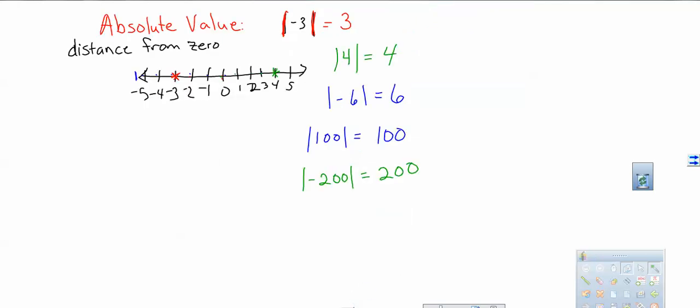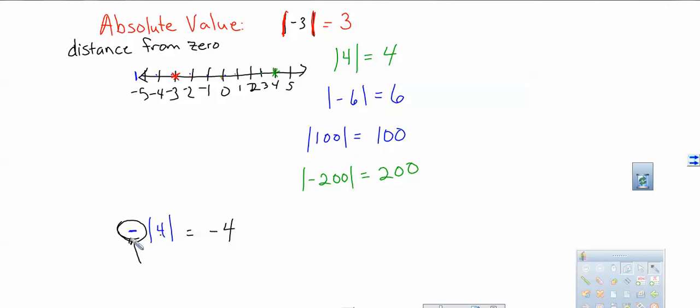Now I'm going to show you a tricky one. I'm going to put a negative here. Do you see on this one that my negative sign is outside? See how it's not inside the absolute value? It's outside. So since this negative sign is outside, this answer is -4.